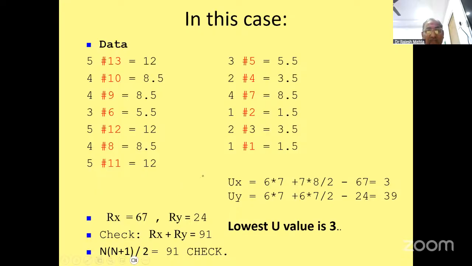That is not necessary, but just for the sake of it. Now, important is Ux and Uy. This value Ux is 3 and Uy is 39. So here you are going to select 3 as U. And from that 3, you convert into Z.